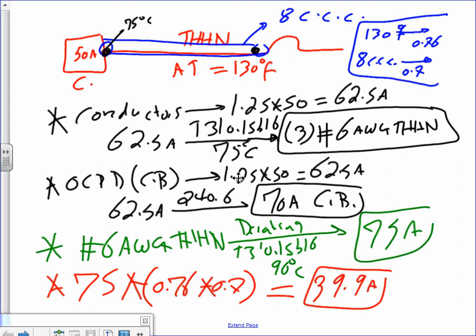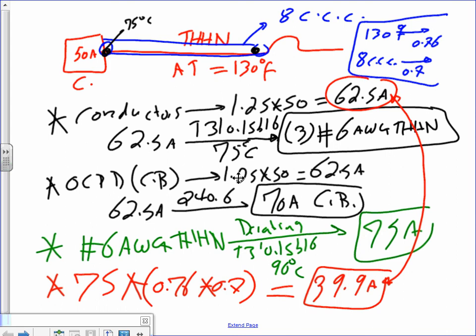You multiplied it twice. Is that 0.76 or 0.7? This is 0.76 times 0.7, 39.9. Okay, now, I would like you guys to look at the following. This number and this number.